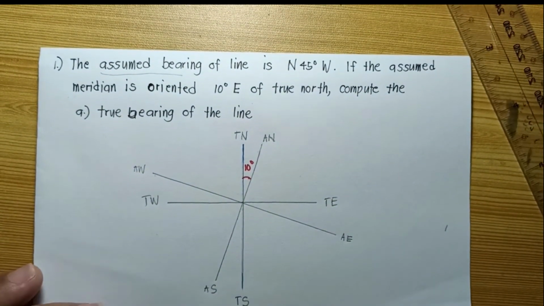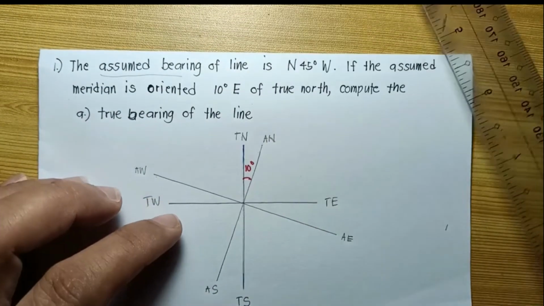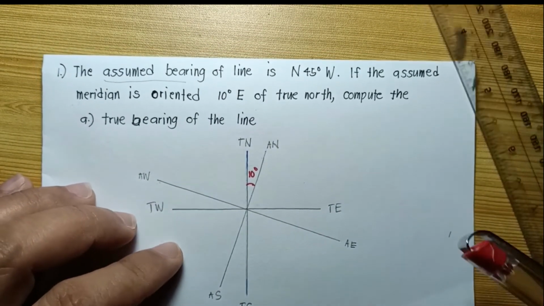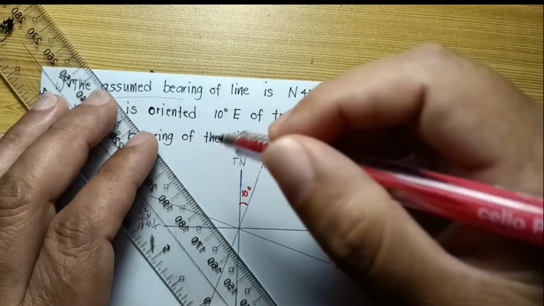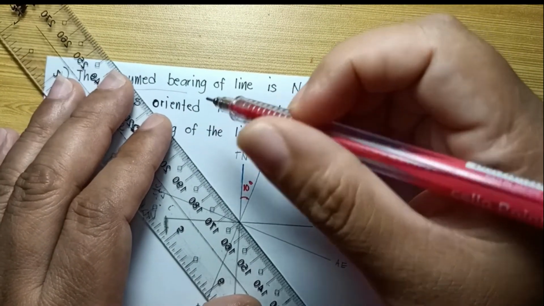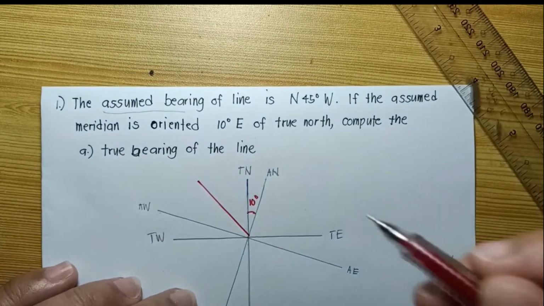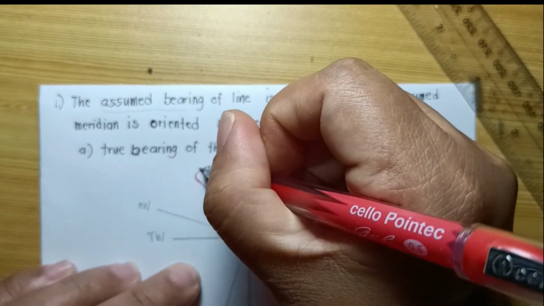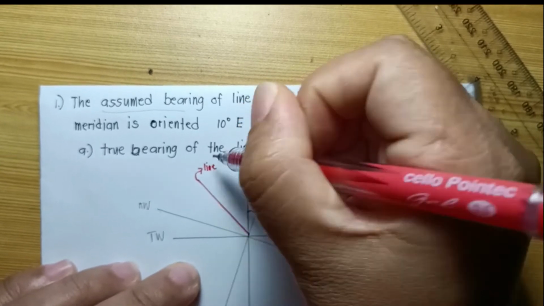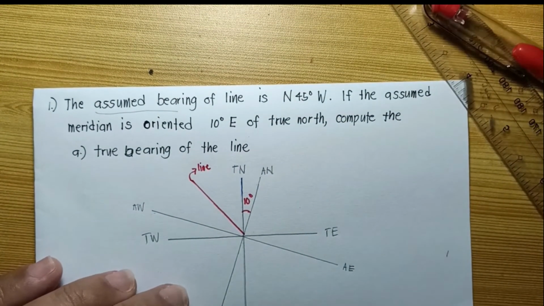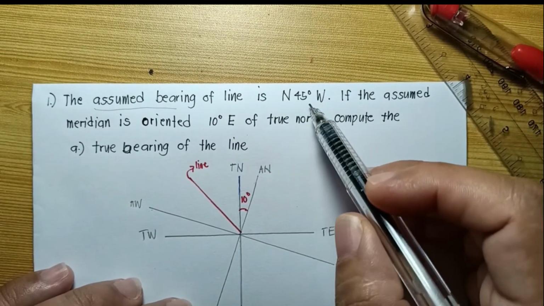So let me draw the line in red, so I'll call the line, okay, so this is line, and having a bearing of north 45 degrees west.